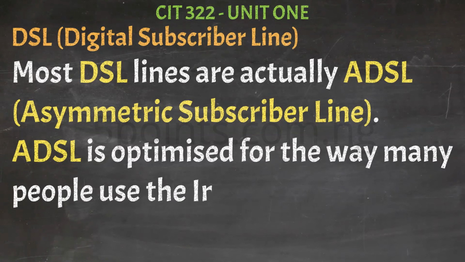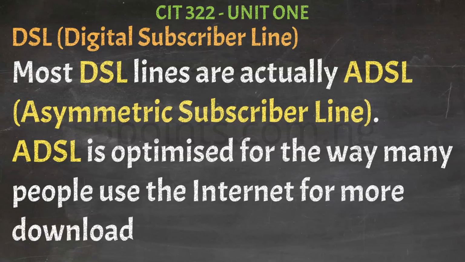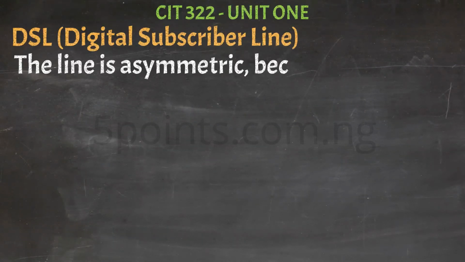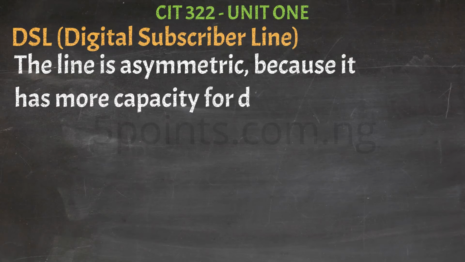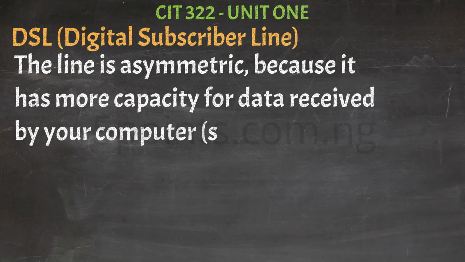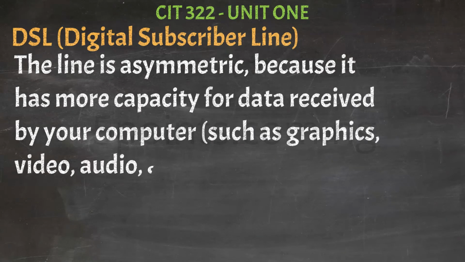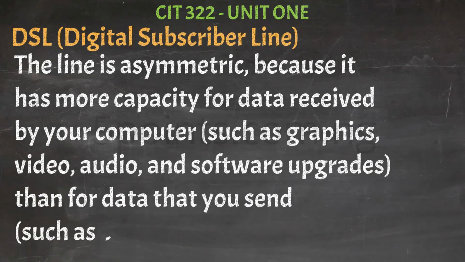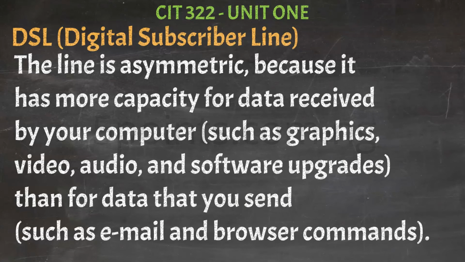ADSL is optimized for the way many people use the internet, for more downloads than uploads. The line is asymmetric because it has more capacity for data received by your computer, such as graphics, video, audio, and software upgrades, than for data that you send, such as email and browser commands.